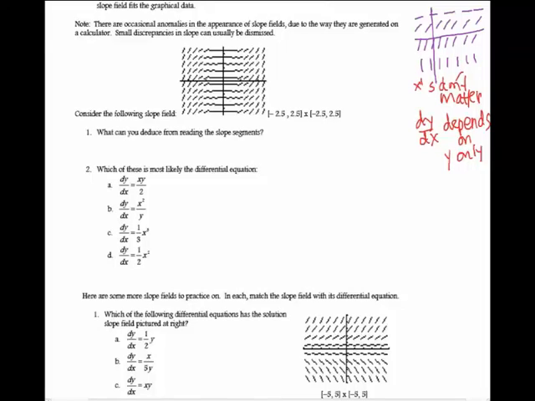Okay, so let's take a look at this one right here. If you examine along the vertical lines, all the slopes are the same. So that means for us then that dy dx has only what in it? X's or y's? It should only have x's, because depending on what x is, if it's negative 1, then it has a particular slope.